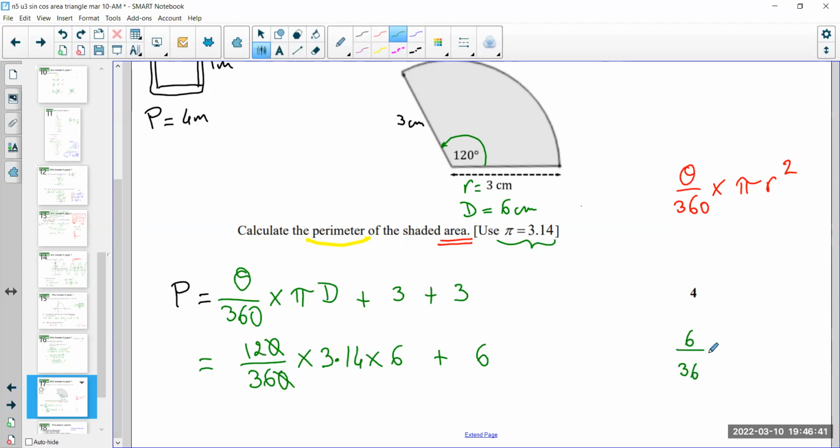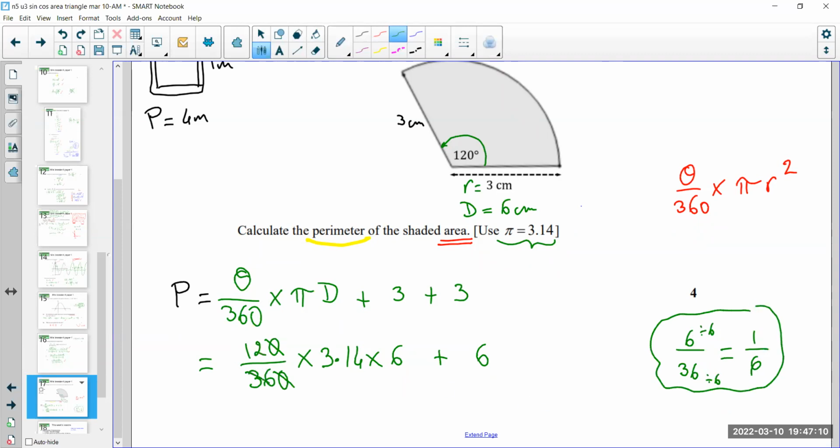Oh, the common mistake. No. Divide by 6, divide by 6. What is 6 divided by 6? 1. What is 36 divided by 6? 6. So can you see the difference? 6 over 36 is 1 over 6. Yeah?